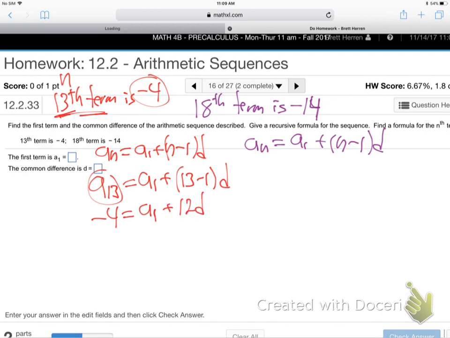Now do the purple one. Same kind of thing. So plug in 18, that's n again.